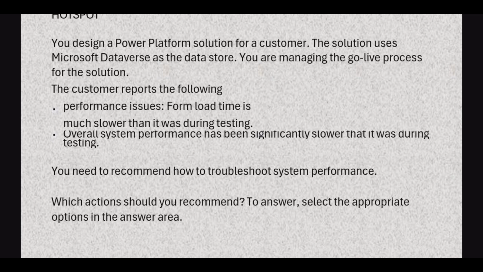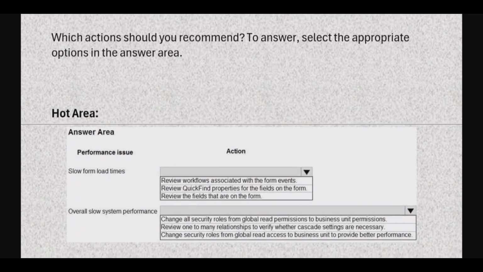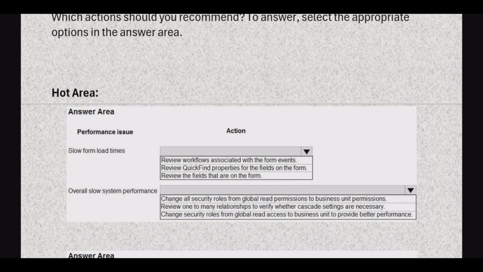You need to recommend how to troubleshoot system performance. Which action should you recommend? To answer, select the appropriate options in the answer area. Please have a look at the performance.